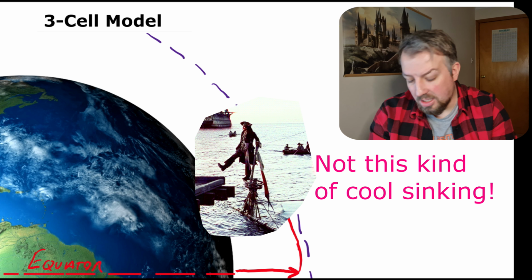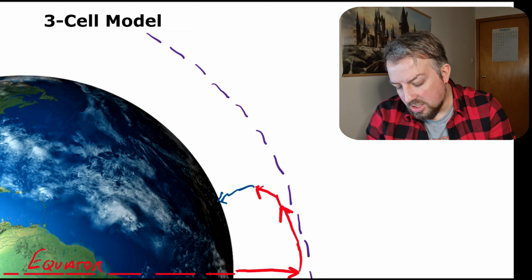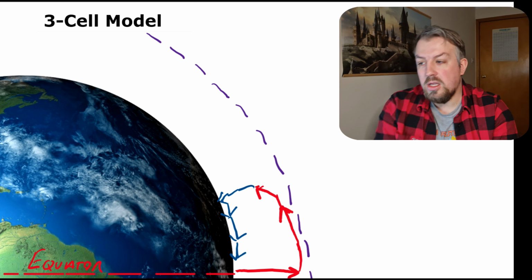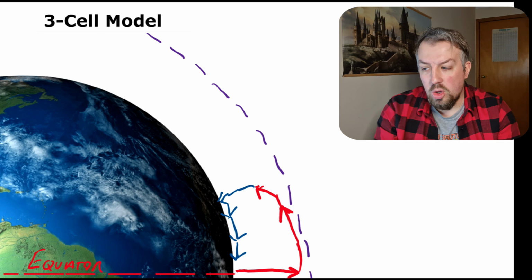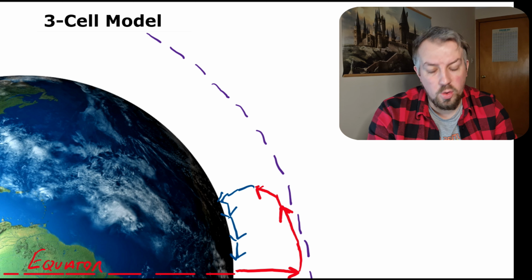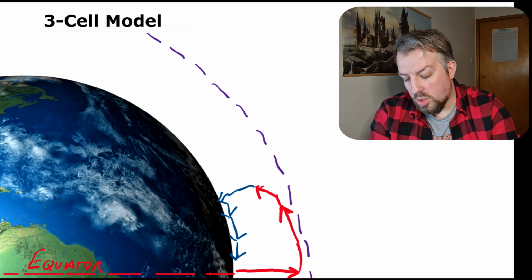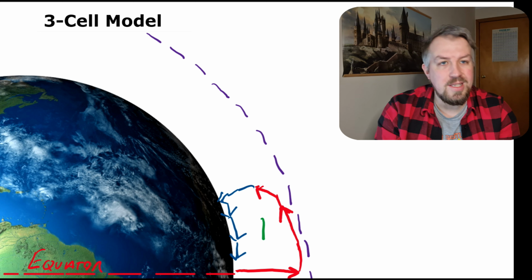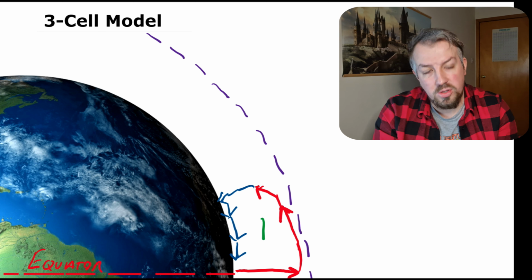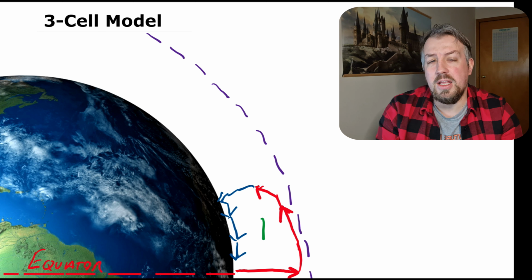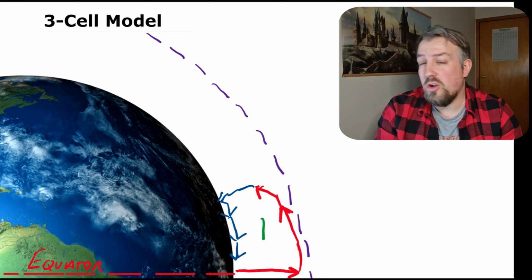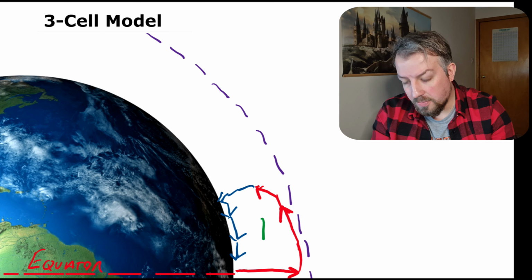Again, it can't sink any lower than the planet, so it's then forced back south, where it slowly warms up again and joins in to the warm area, which then moves it back north. So this is going to be number 1. This has then created an air cell where we've got this low pressure that comes up, moves north, and then sinks and returns to the equator, creating what's called the Hadley cell.